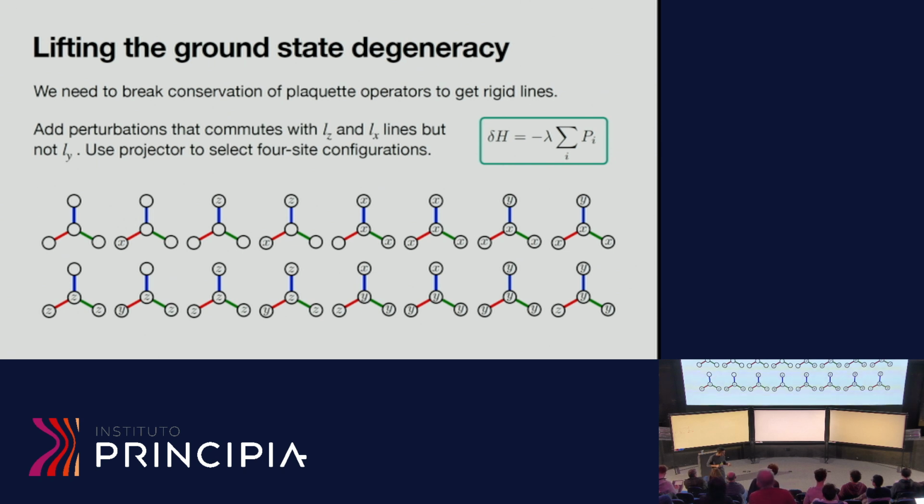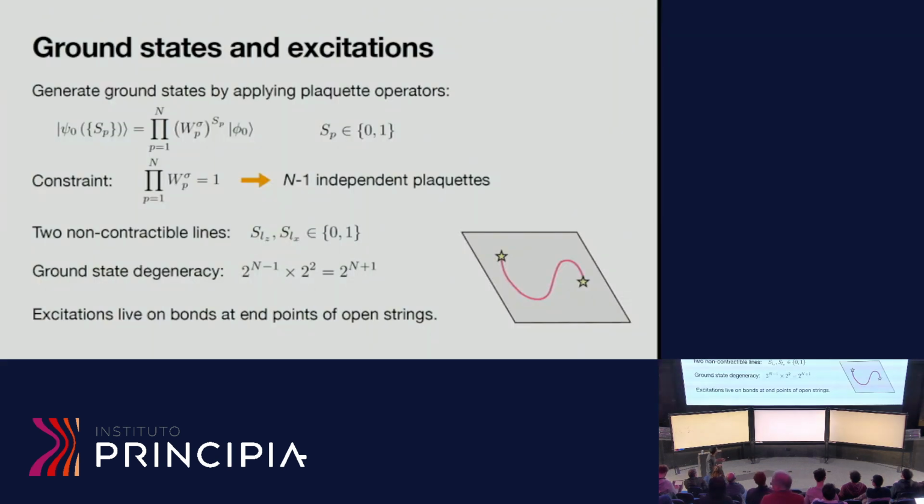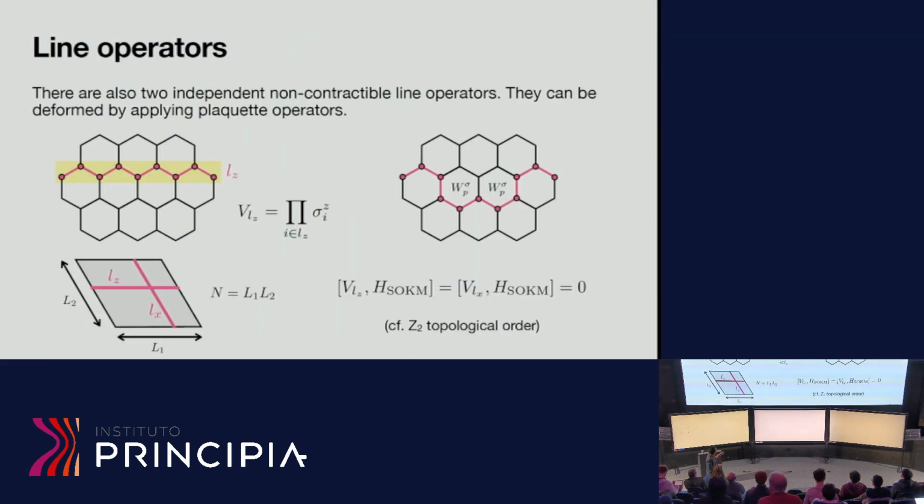In this case, let me go back to my example here. Let me think about this. Sorry, she asked if the plaquette and line operators commute with each other.